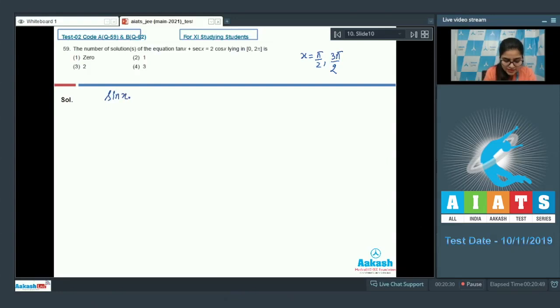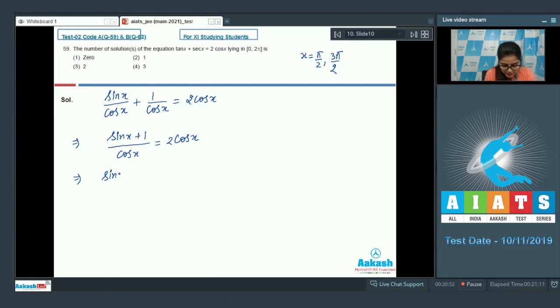Sin x divided by cos x plus 1 upon cos x is equal to 2 cos x. Just take LCM. You are getting sin x plus 1 divided by cos x is equal to 2 cos x. Sin x plus 1 is equal to 2 cos square x.